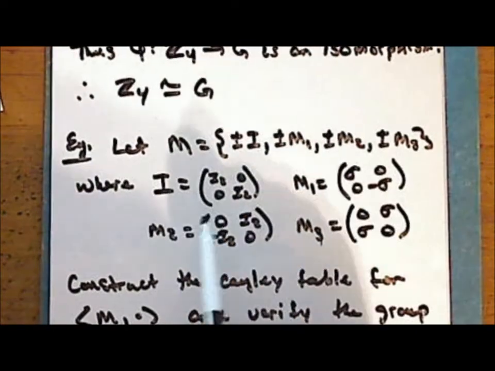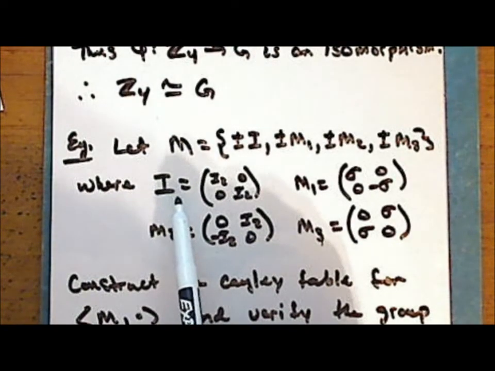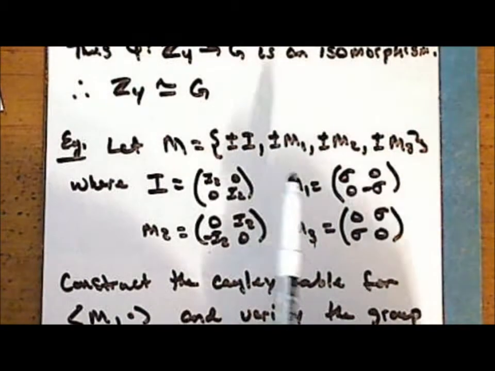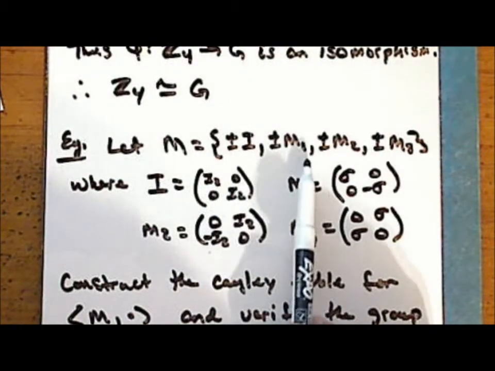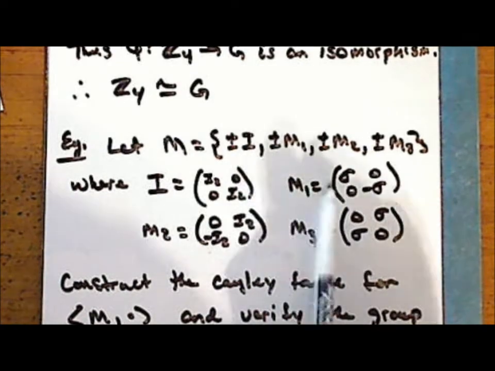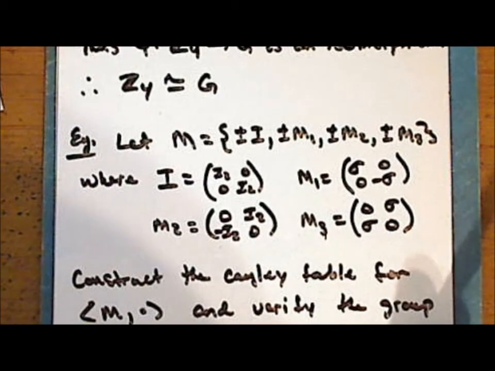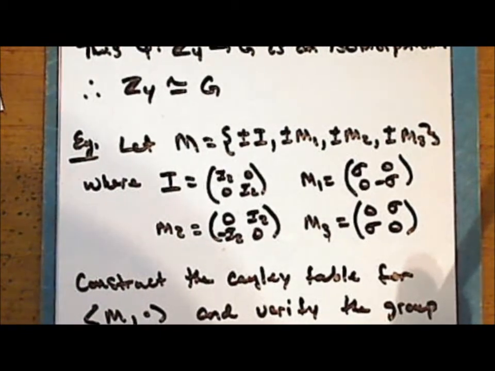Now, the products with the identity matrix are obvious, and also the scalar multiples, where the scalar is negative 1, are also obvious, but this still leaves us with 9 products to compute.